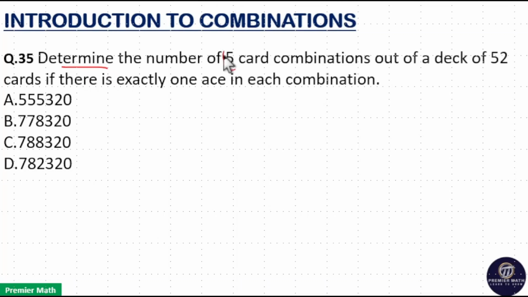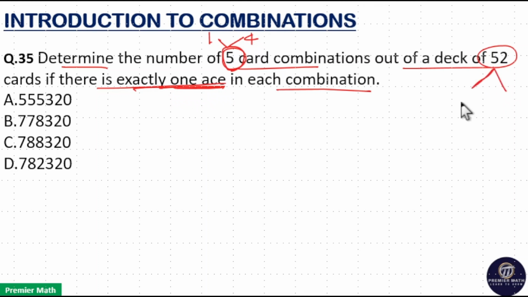Determine the number of 5 card combinations out of a deck of 52 cards if there is exactly 1 ace in each combination. So each of these 5 card combinations should contain 1 ace. So 1 should be ace and remaining are 4 cards. Now these 52 cards contain 4 aces in total, remaining are 48.